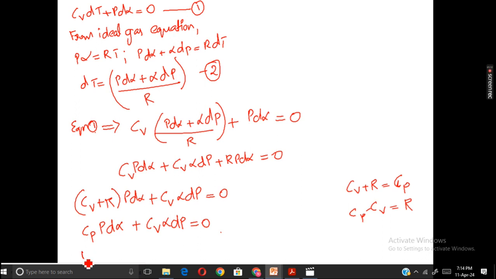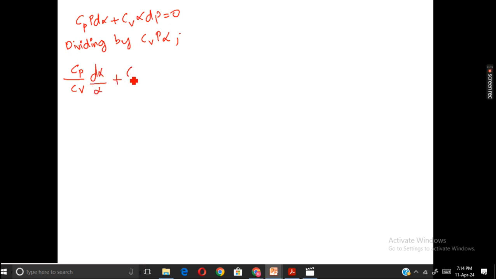Now we divide the whole thing by Cv P alpha. It becomes Cp by Cv, P and P will be gone, into d alpha by alpha, plus Cv will be gone, alpha and alpha will also be gone, dP by P is equal to 0.